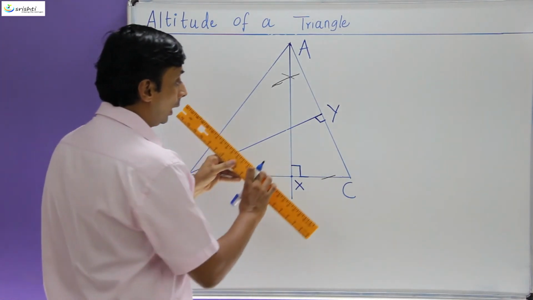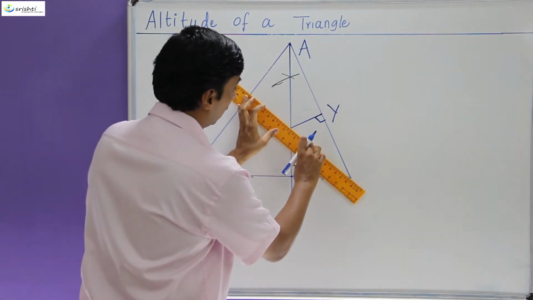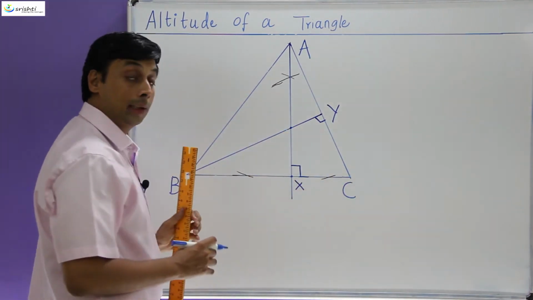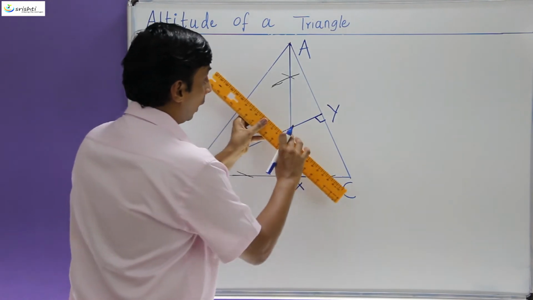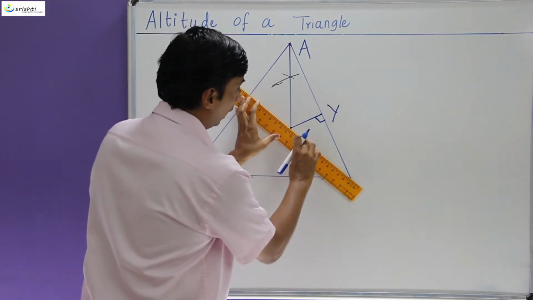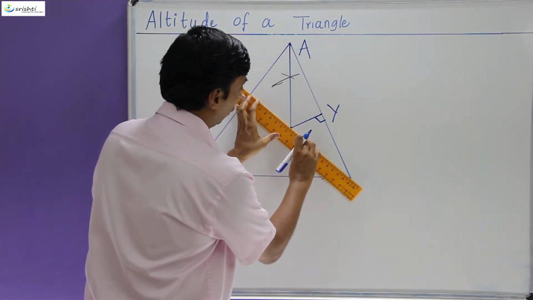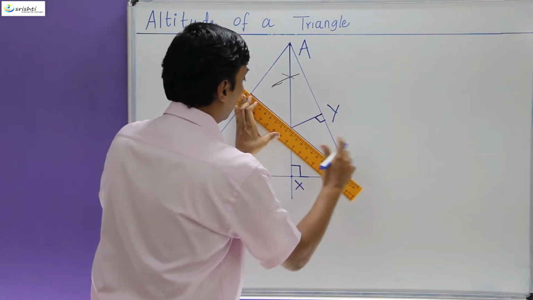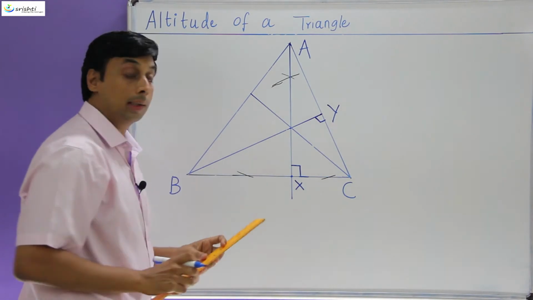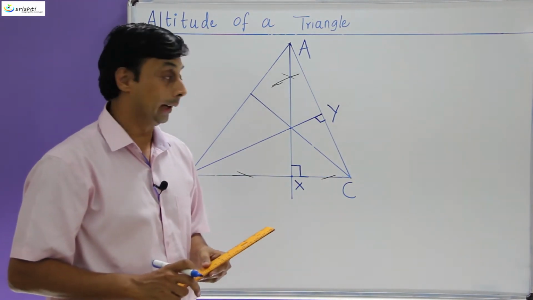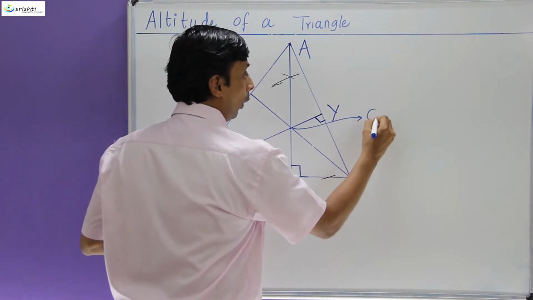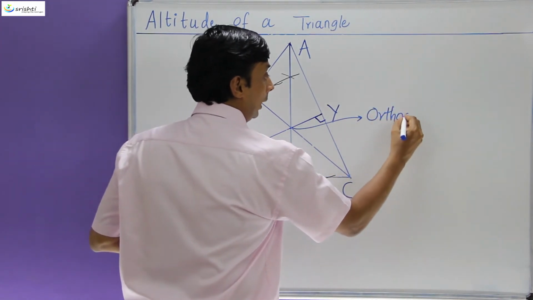The third altitude would also pass through the same point of intersection. Do you notice these two altitudes are meeting at this particular point? This point is called the orthocenter of your triangle. It is the point where the three altitudes meet. So the first conclusion is I can draw three altitudes in a triangle. The point where the altitudes meet is called the orthocenter.